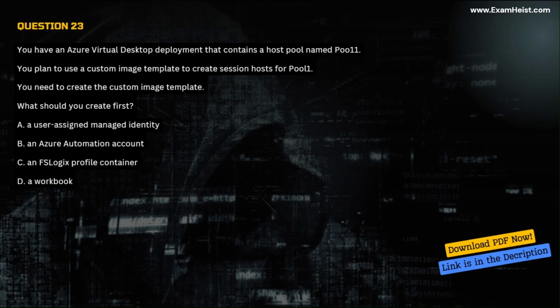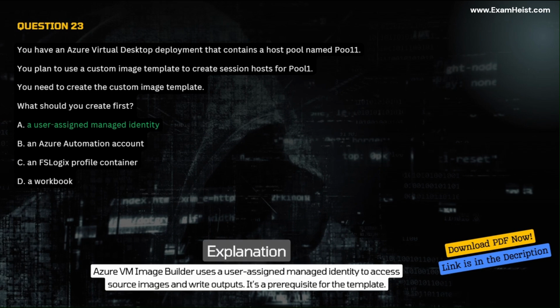C. An FSLogix profile container. D. A workbook. Correct answer A. A user-assigned managed identity. Explanation. Azure VM Image Builder uses a user-assigned managed identity to access source images and write outputs. It's a prerequisite for the template.